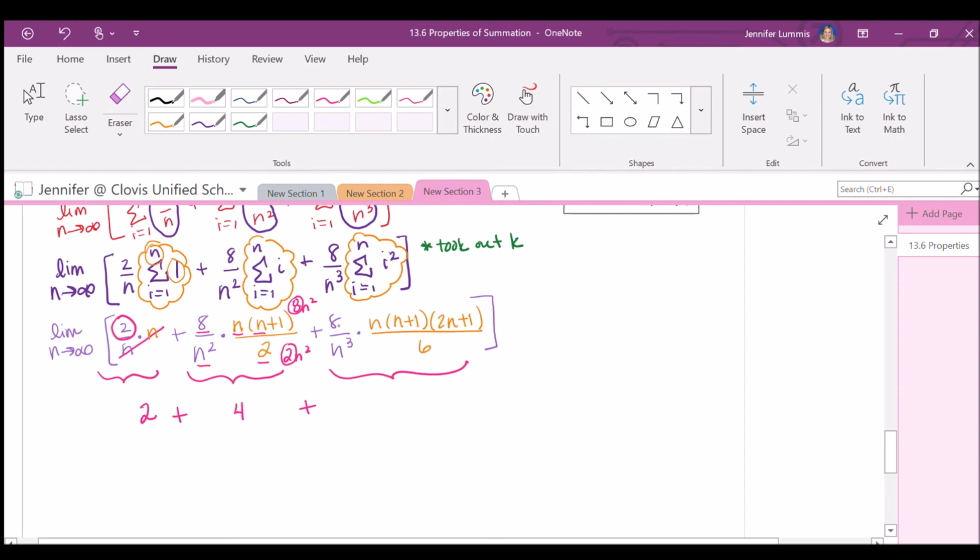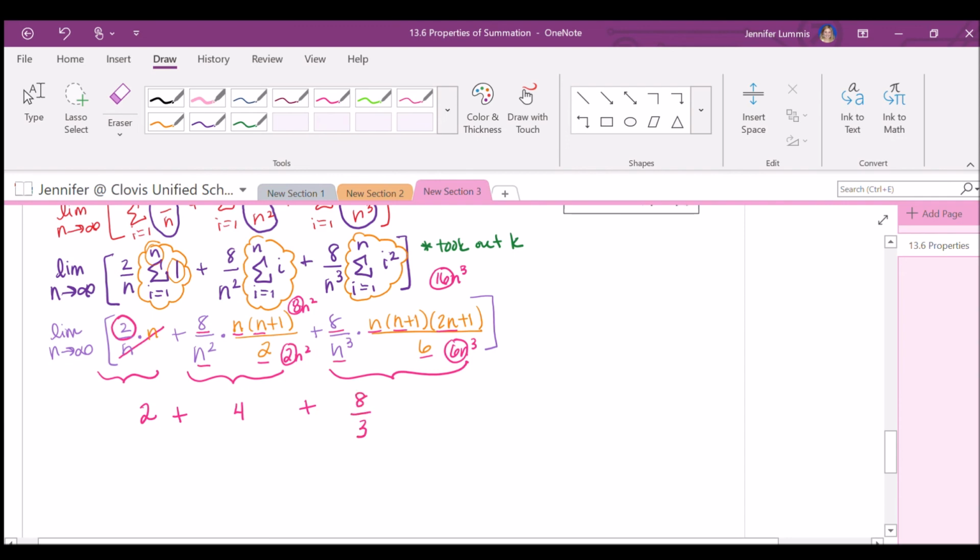Last, we have 8 times n times n times 2n, which is 16n cubed. And in the denominator, we have n cubed times 6, which is 6n cubed. So one last time, we have the same highest power on the top as the bottom. And so 16 over 6, or we could reduce that by 2 to 8/3.